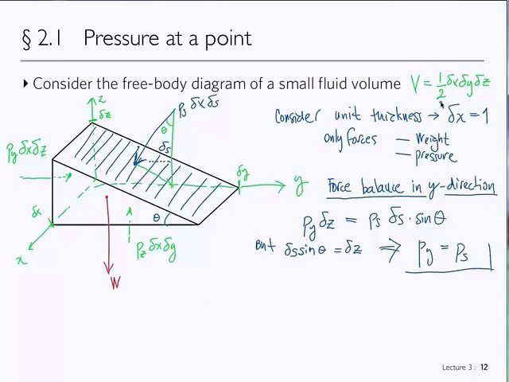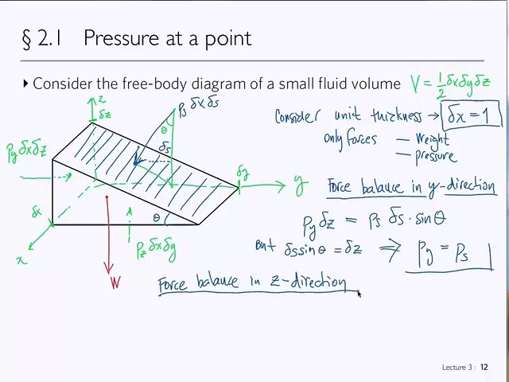I have taken delta x as equal to 1 to simplify the whole thing. I've just taken it to be unit thickness. And now we're going to do force balance in the z direction. And now we're going to include the weight, of course. We have pz delta y, and that one is pointing up.